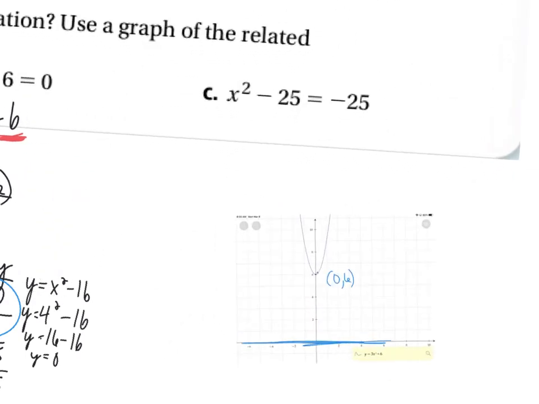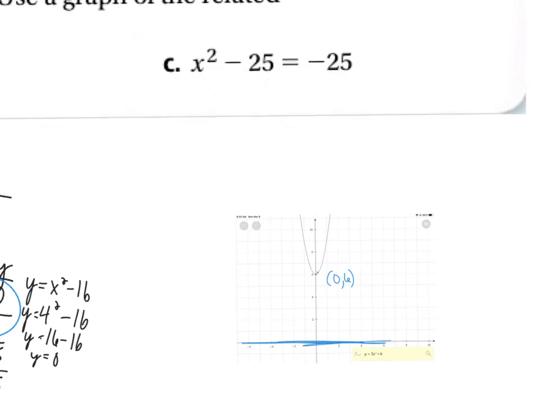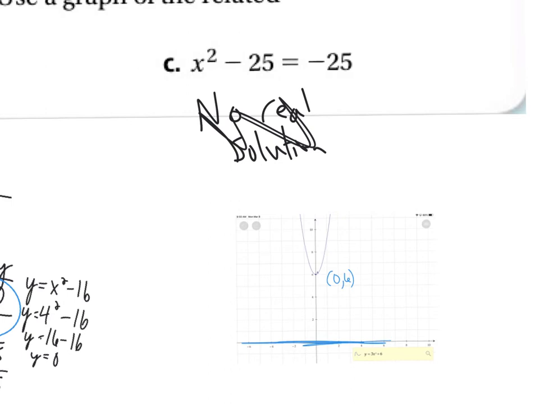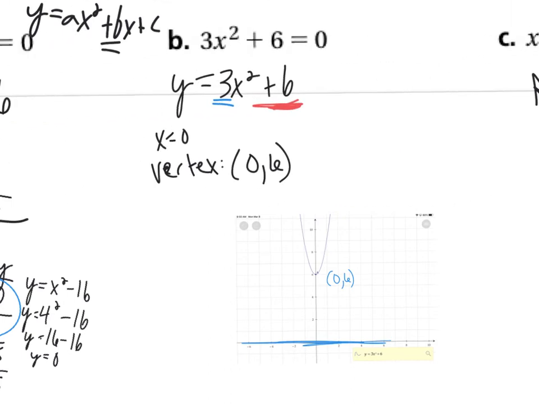Okay, so you could say, what are the solutions? I guess we could say no solution, maybe say no real solution. For B, this is no real solution.